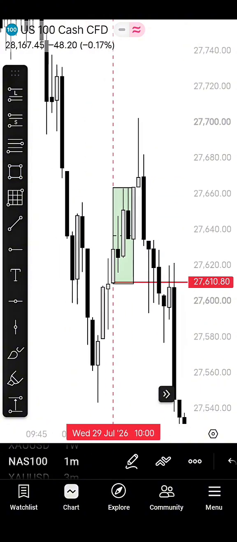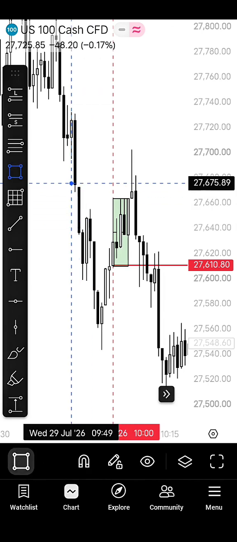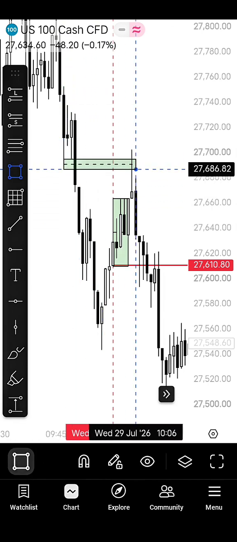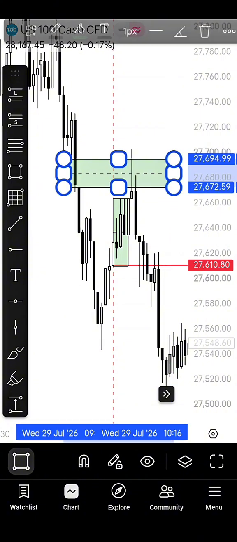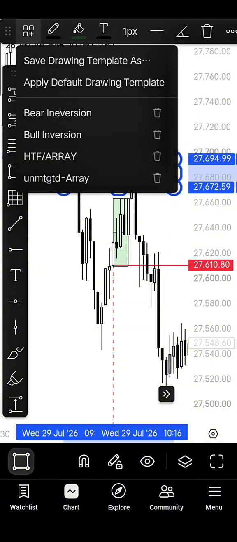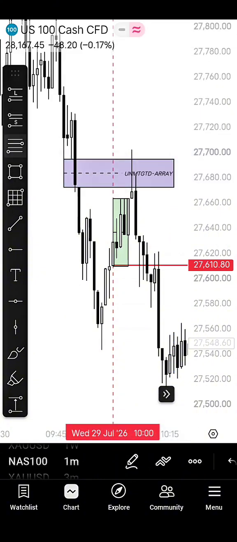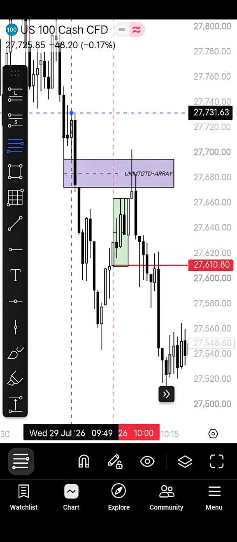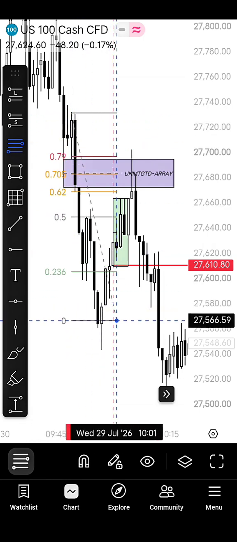But here you can see we are rejected by this GS gap. So what is a GS gap? Let me show you. A GS gap is a gap which is aligned with the 0.79 of the fib tool.